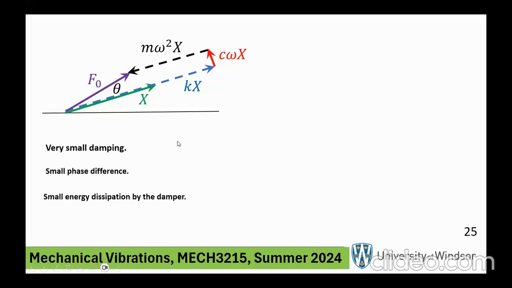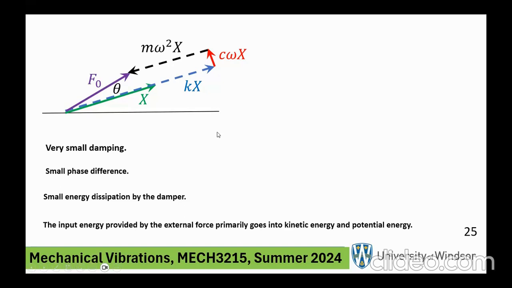And obviously, because this red damping force is small, the energy dissipation by the damper is small too. In the limit, when there is no damping, I'll come back to that in a second.